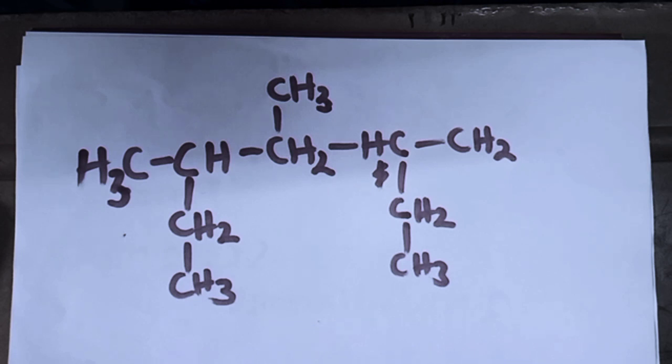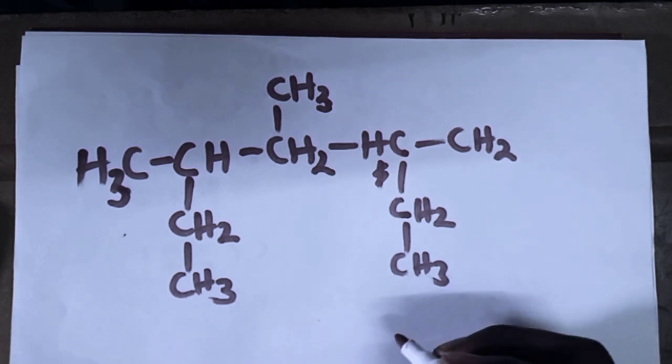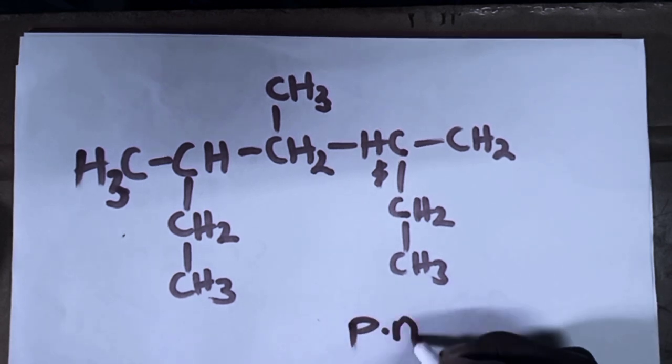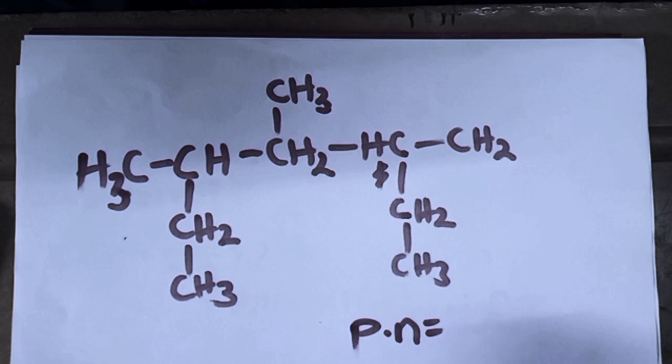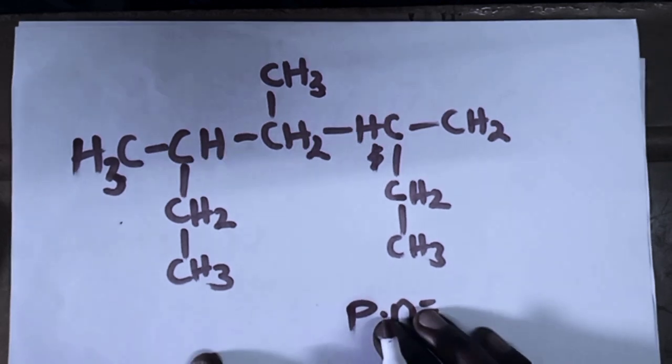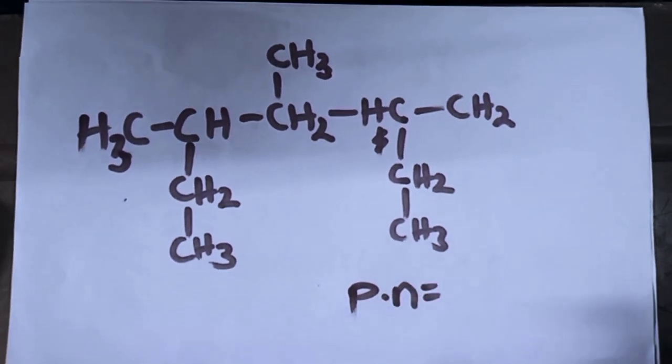So what are we going to do even here? What are we going to do? The first thing, it is the parent name. You can pause the video if you want. Try to answer this question and you do the counter check. What is the parent name for this? Parent name.